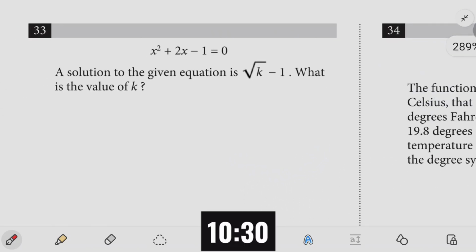Okay, what is the solution? Okay, a solution to a given equation, what is the value of k? Crap. What two numbers multiply to -1? I. Right?